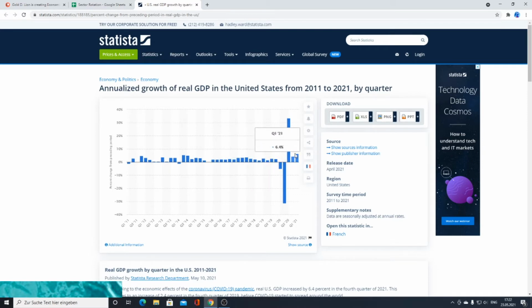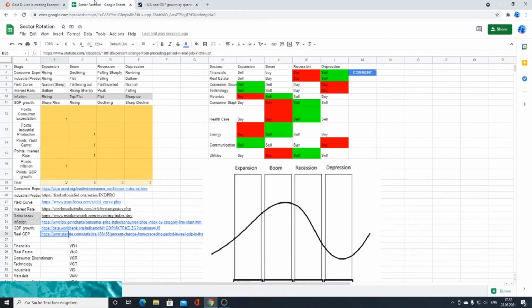But based on past graphs here, we can see that unemployment is still high and GDP is still impacted a lot by the COVID crisis and has still more to grow. We looked at inflation too, so they want to stimulate the economy. They want this to go a bit higher than it is right now. So when we look at our indicator here again, we can see: is it sharp rising?